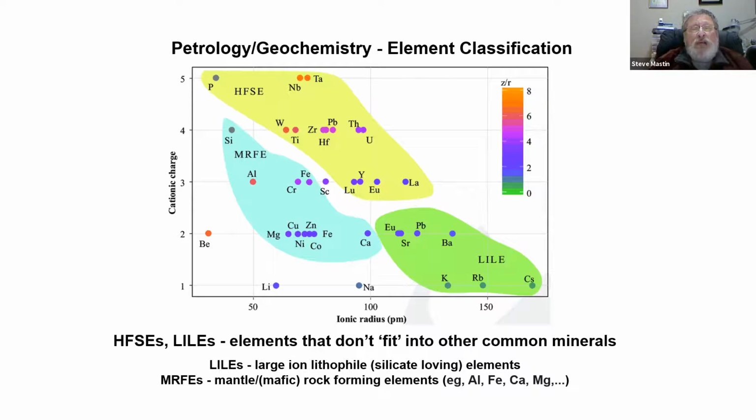And then we have these other two groups, the HFSEs and the LILEs. And I'm not going to talk about the LILEs, but they're basically elements that have very large ions. And then I'm going to concentrate on the HFSEs, because both of these groups of elements are unusual in either size or charge, so they don't fit into common minerals.